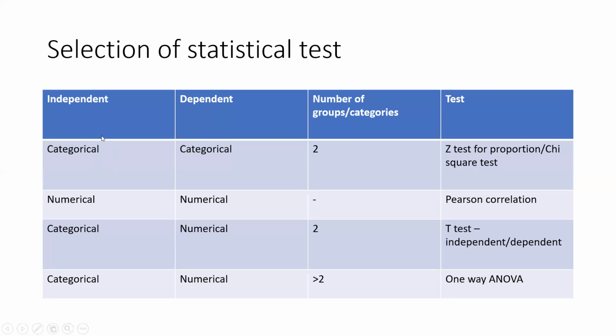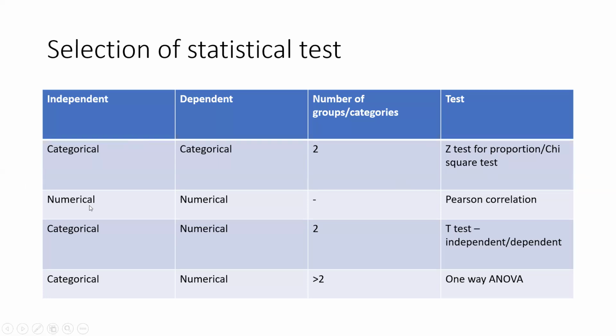The dependent variable, lung cancer, also has two categories, lung cancer positive and lung cancer negative. So when comparing a categorical variable with a categorical variable, and the independent variable has only two categories, the Z test for proportion and the chi-square test can be used to find this statistical significance and calculate the p-value.